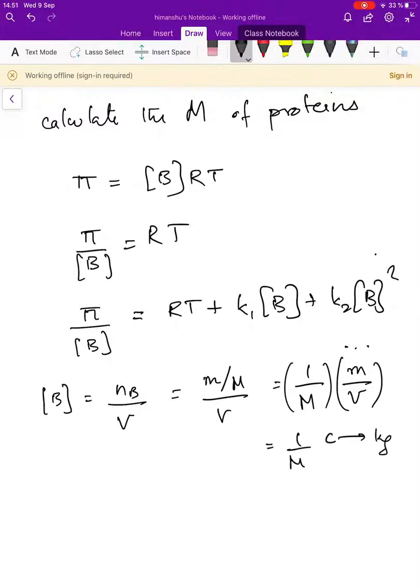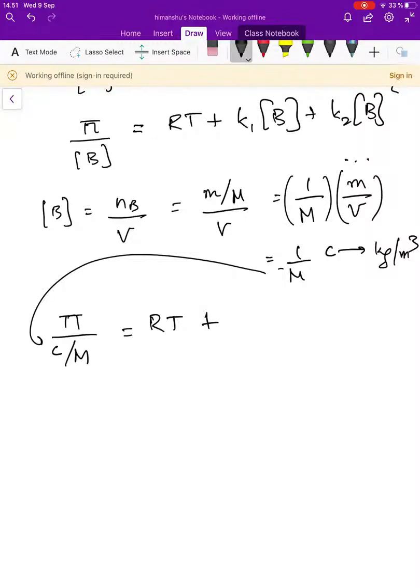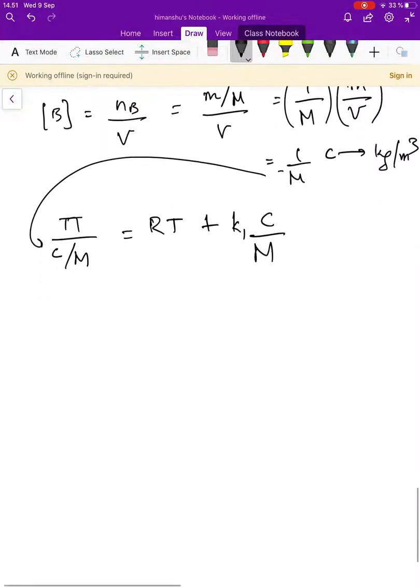This concentration is in kg per metre cubed. So the above equation can be written as osmotic pressure divided by c equals RT over M plus some constant K1 multiplied by c divided by M. I'm ignoring higher order terms, assuming it's a dilute solution and the concentrations are very low.